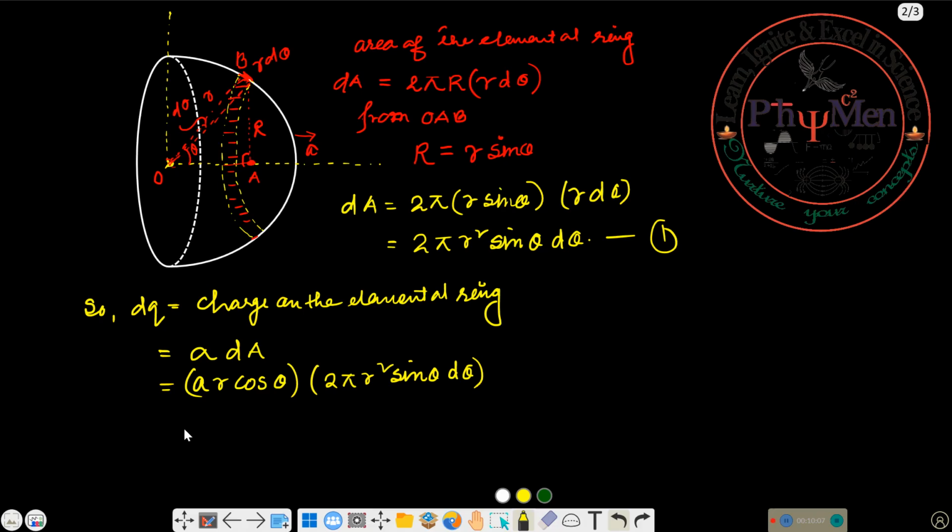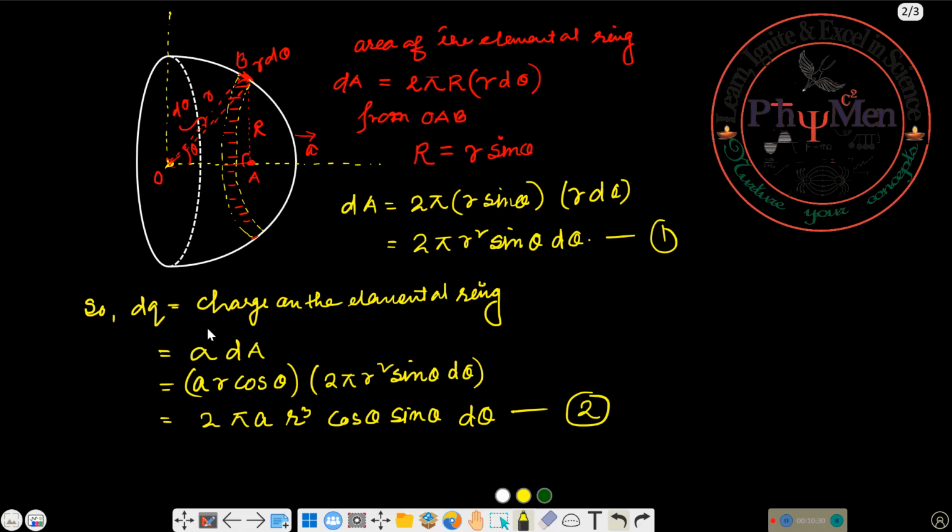If you do this, you will get 2 pi a r cube cos theta sin theta d theta. This is equation number 2.